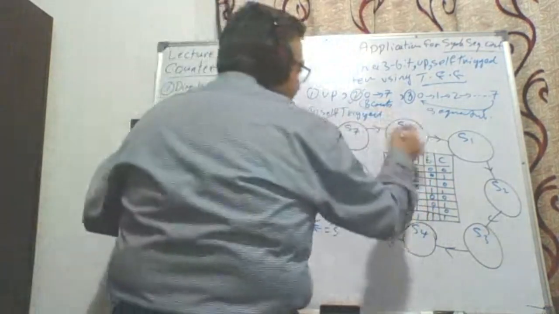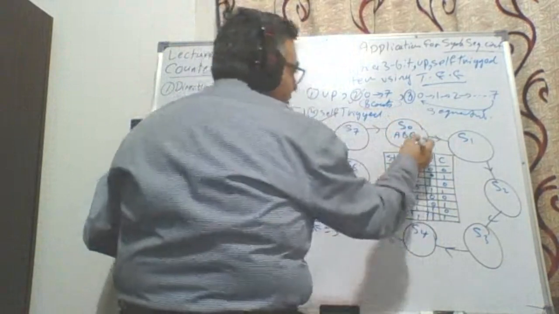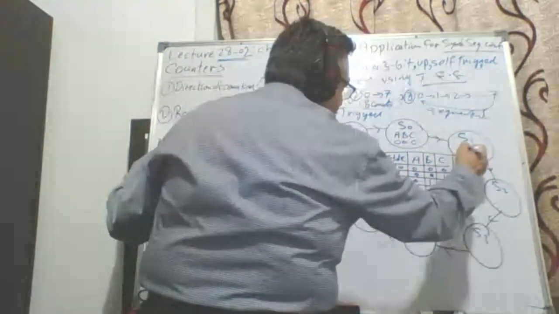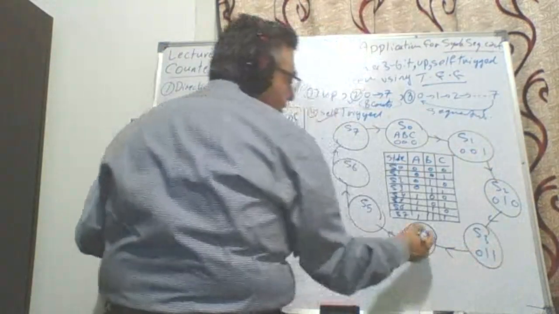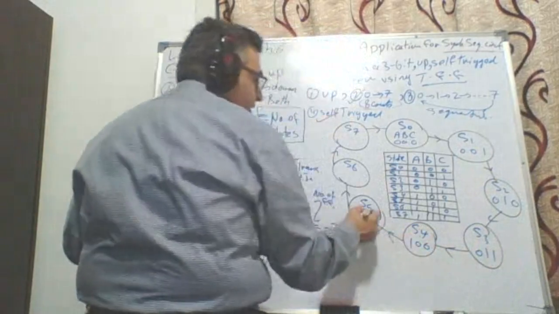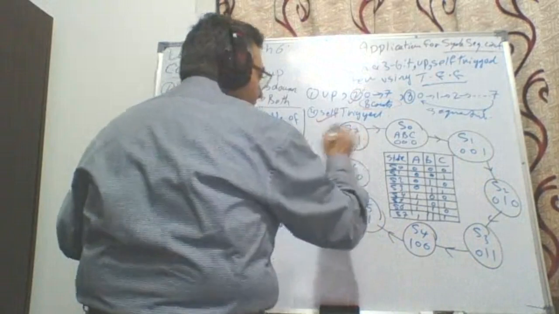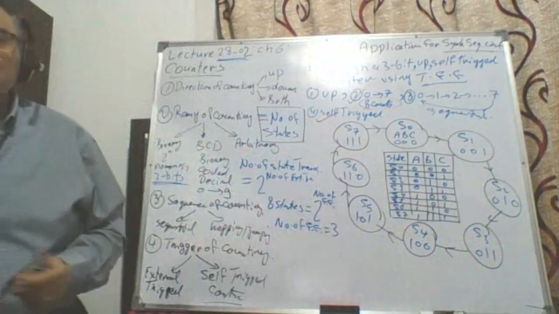Accordingly, this state S0 corresponds to A, B, C equals 0, 0, 0. Here, 1, 0, 0. Here, 0, 1, 0. Here, 1, 1, 0. Here, 0, 0, 1. 1, 0, 1. 0, 1, 1. 1, 1, 1. And that's it. So I finished the state assignment.